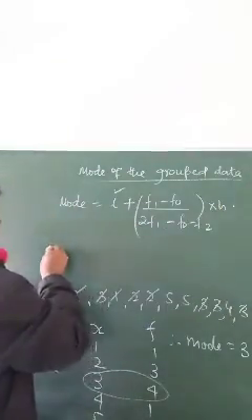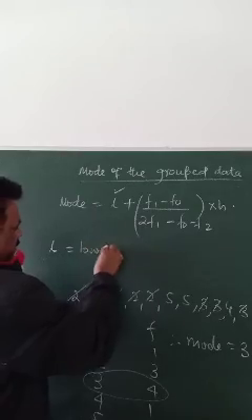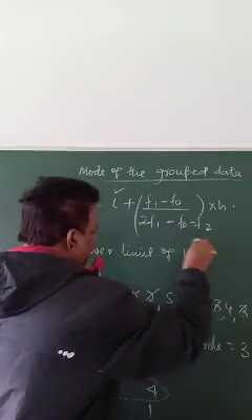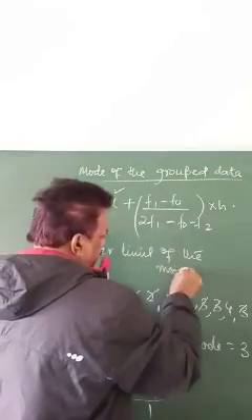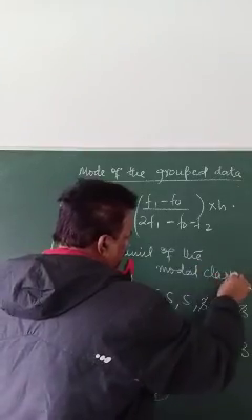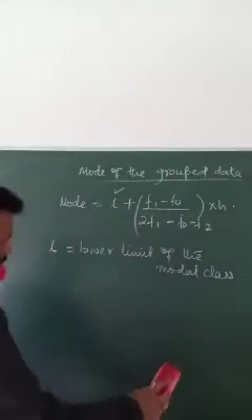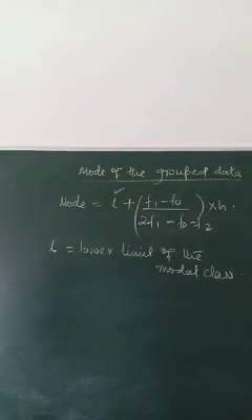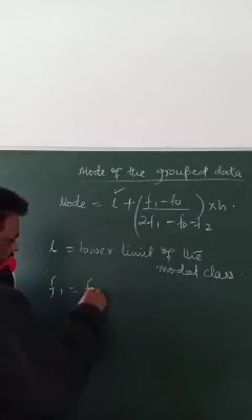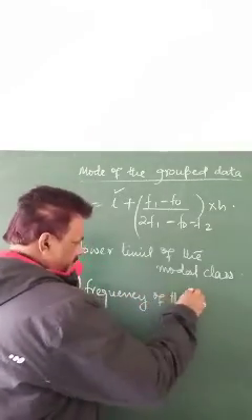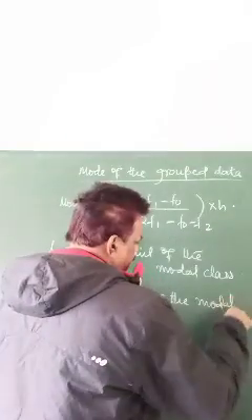Okay, what is L? L is the lower limit of the modal class. Then comes what is F1 for us, F0 for us. Let's start, F1 is the frequency of the modal class.